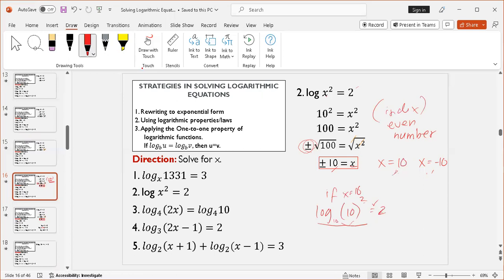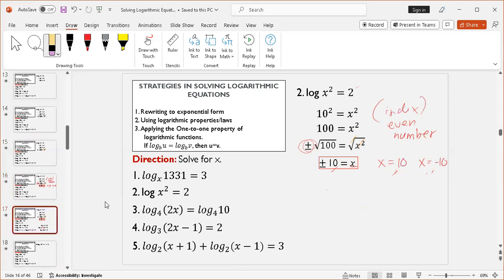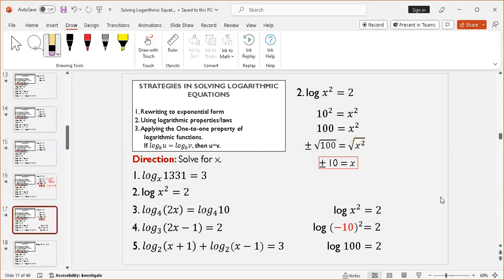Ngayon, let's try naman negative 10. Let me erase this first. Let's check if negative 10 is a solution to this.